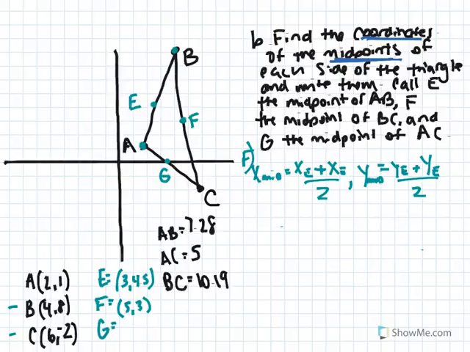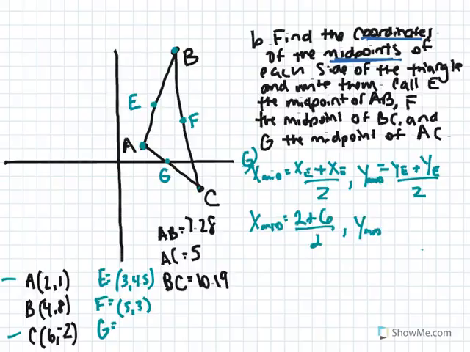All right, so now we are going to do this with G, our third and final point. G is the midpoint of A and C, so I'm going to be using A and C as my two coordinates. I have x midpoint equals x endpoint 2 plus x endpoint 6 over 2.